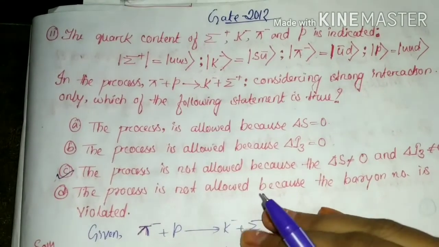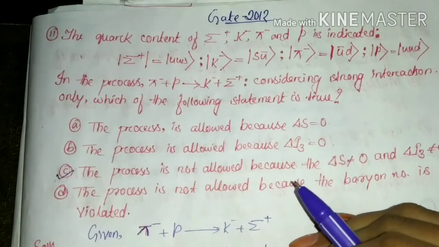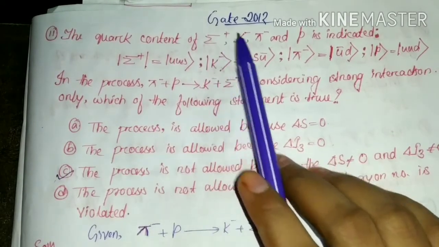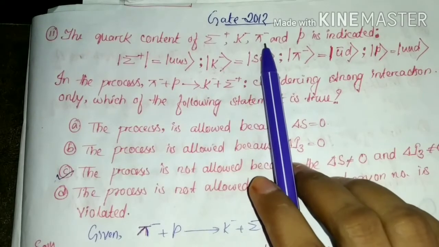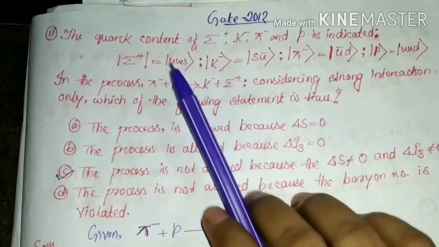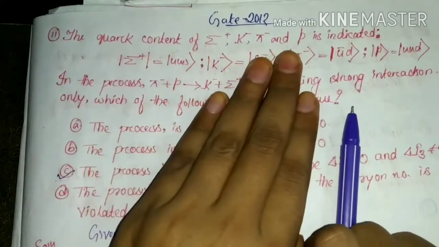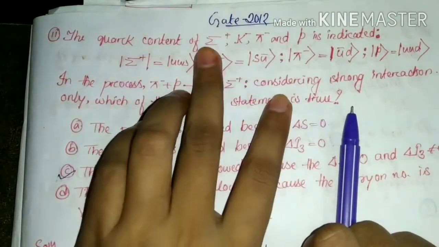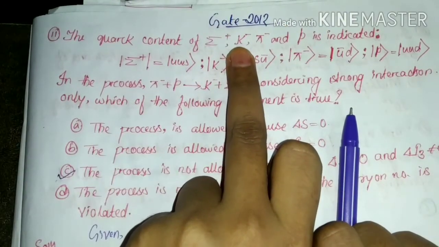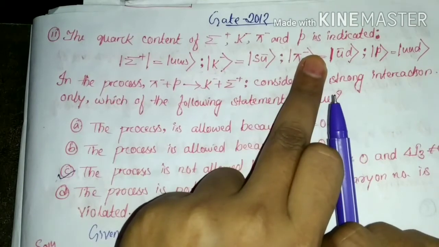The next question is from GATE 2012, and the first question is the quark content of sigma positive, cascade negative, pi negative and proton is indicated by this one. These are the quark contents of these 4 particles, right? Sigma positive, cascade negative, pi negative and proton.